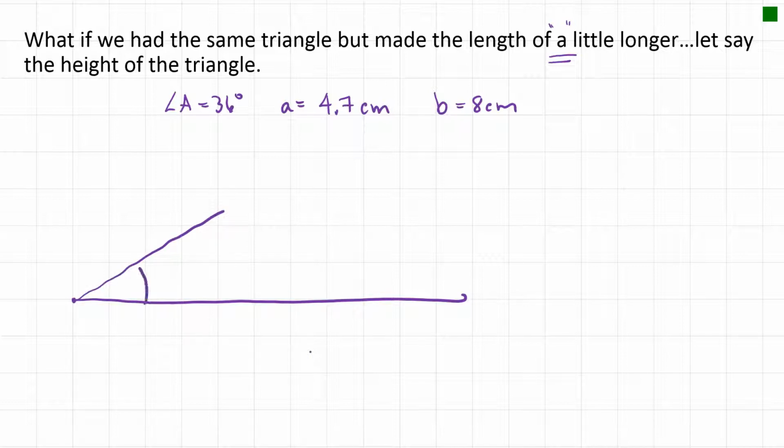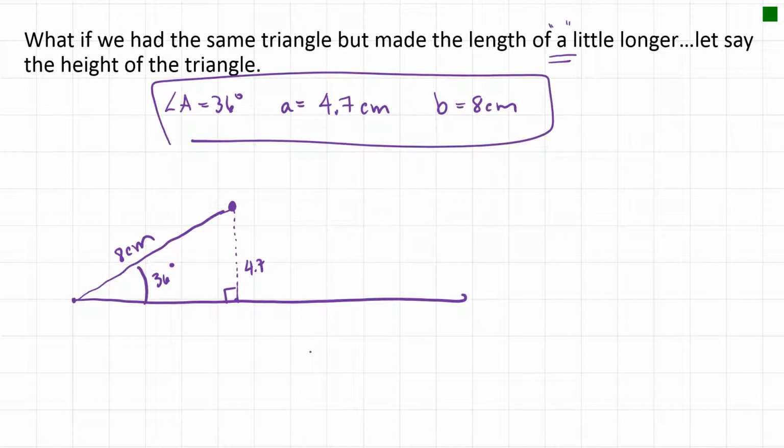Here's my 36 degrees. Here's my 8 centimeters. And I'm going to draw in an A value that is 4.7, which is going to come straight down like this and reach the bottom at 90 degrees. So with these dimensions, there is one possible triangle.